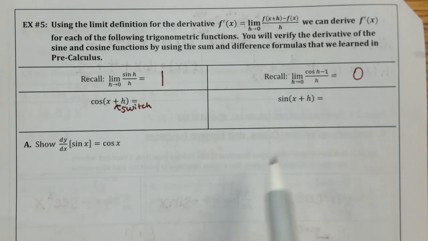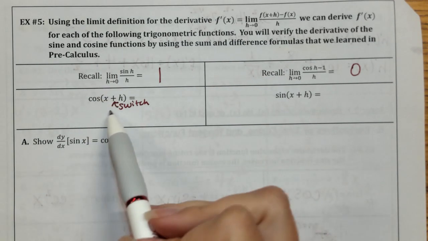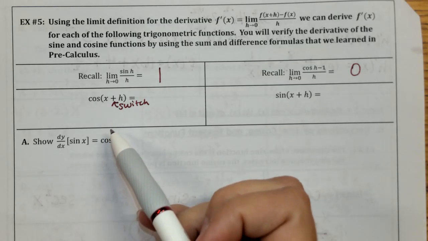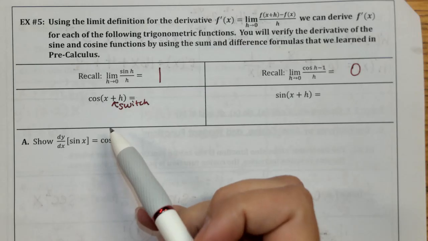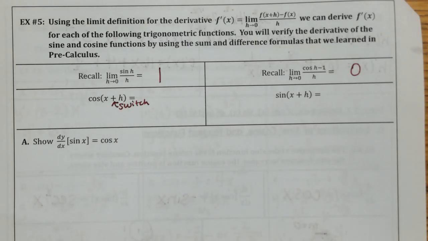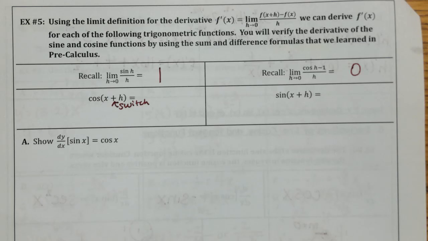These are some rules from pre-cal. It's okay if you don't remember it. If you have a cosine of x plus h, you can rewrite this in this way.